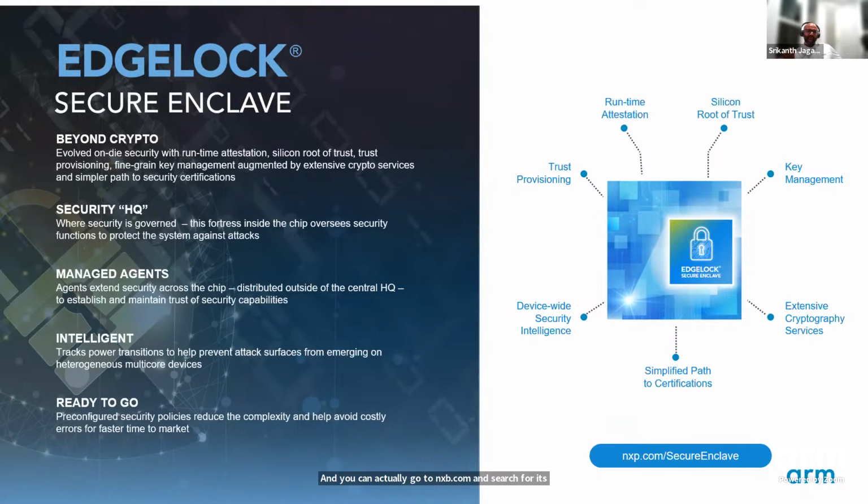But just to quickly cover this, the EDGELOCK secure enclave provides different types of security features, from basic ones such as secure boot or secure debug, all the way up to establishing a silicon root of trust, as well as cryptographic key management, and also trust provisioning and runtime attestation. All of this is enabled using this EDGELOCK secure enclave.